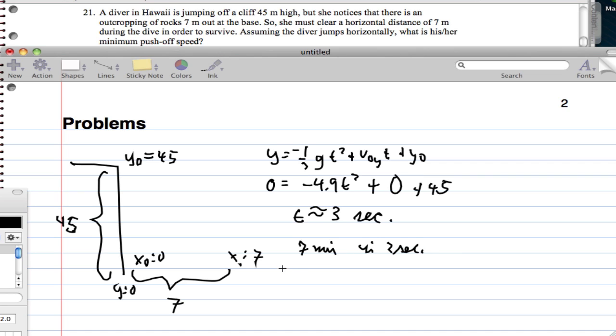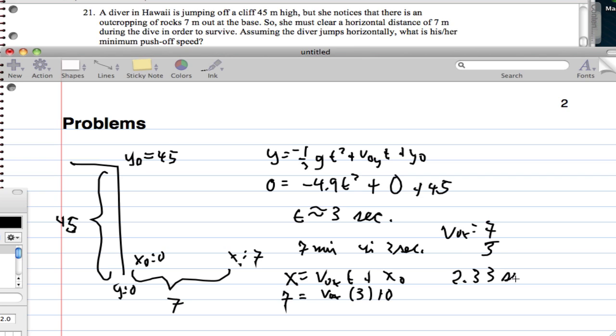Let's use the standard formula x equals v naught x t plus x naught. So 7 equals v naught x times 3 plus 0. So v naught x is 7/3, which ends up being 2.33 meters per second. So that's it for that one.